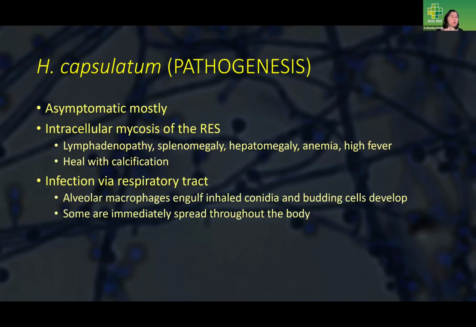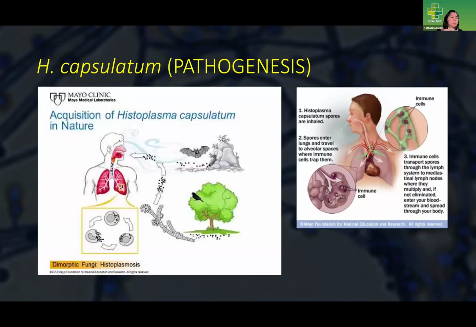Most individuals will be asymptomatic. After inhalation and action by the alveolar macrophages, the yeasts may disseminate to the reticuloendothelial system. Inhalation of conidia, which develop into yeast, are engulfed by alveolar macrophages, within which they are able to replicate.